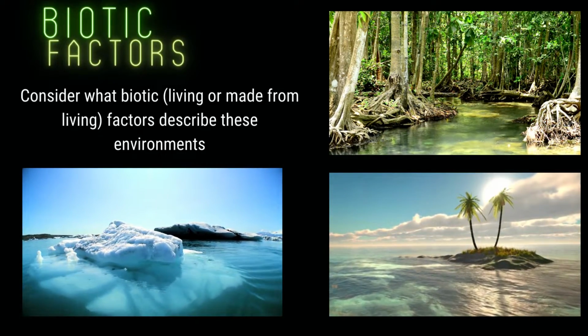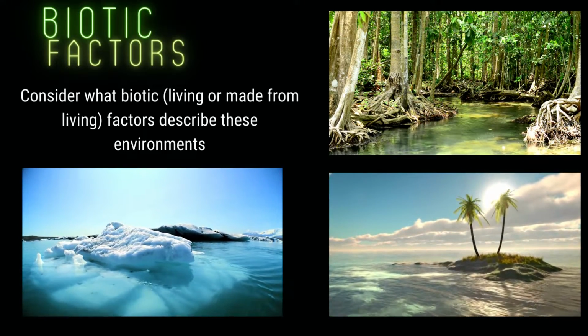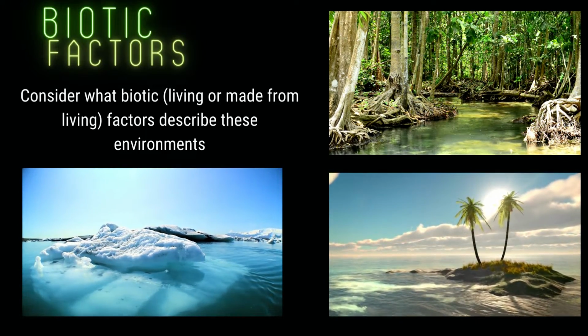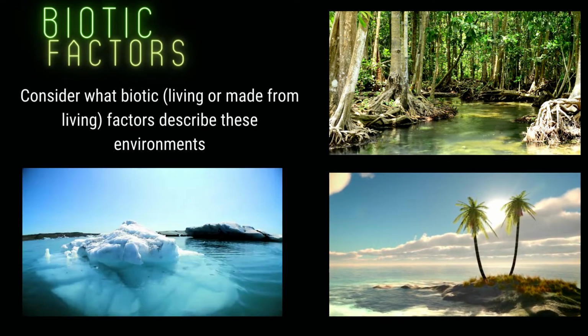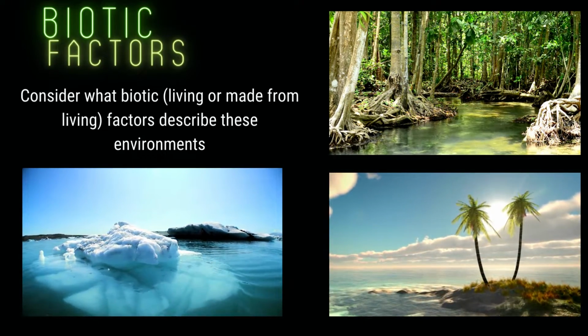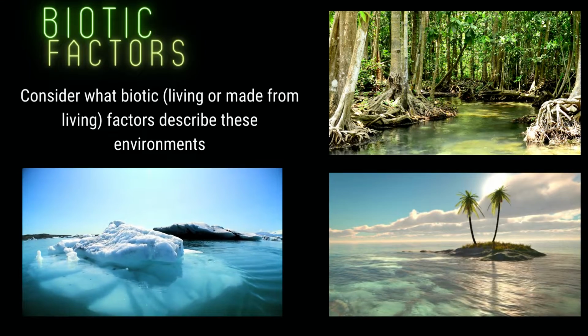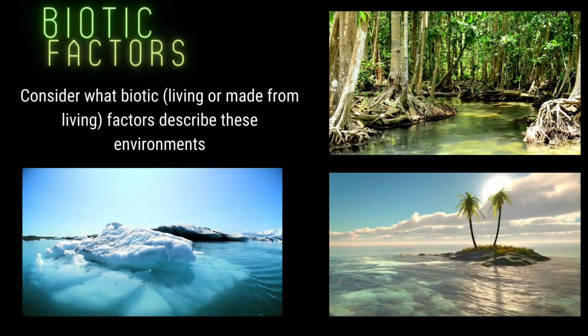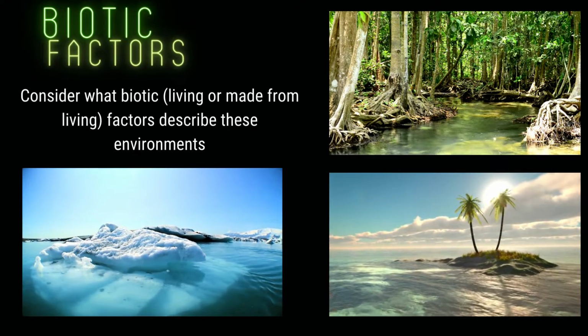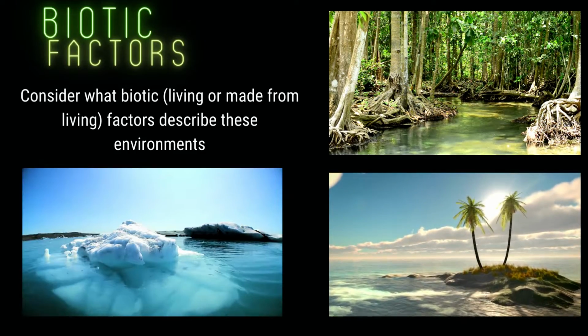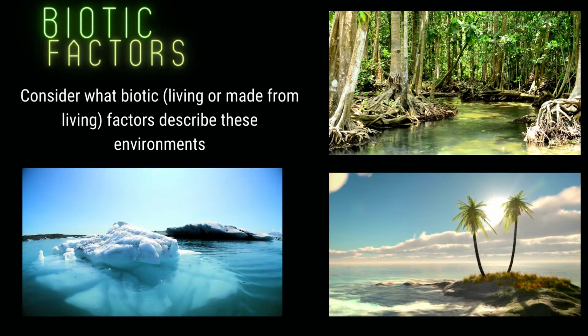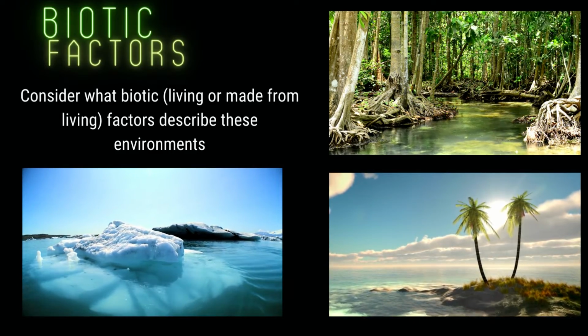Can you name any living things in these environments? We can't see any animals, but we can see that the plants are completely different in the different environments. Alive or dead trees or leaves are also included in biotic factors.